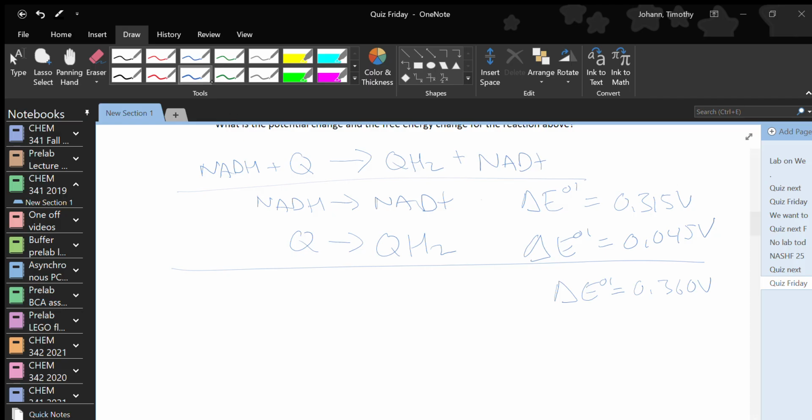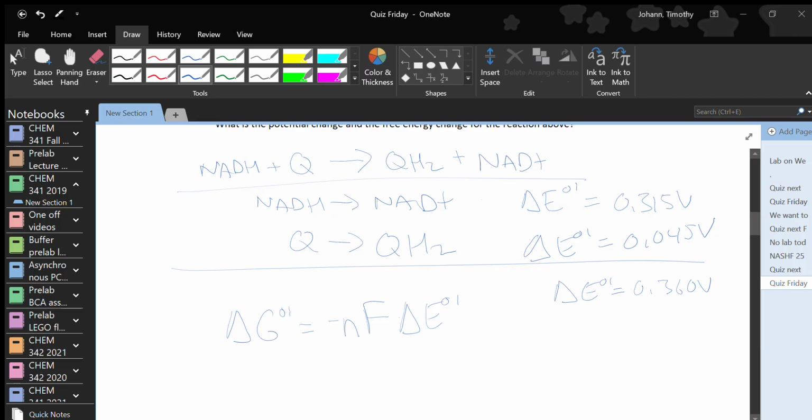So then if we want to get the free energy out of that, the free energy change is going to be equal to negative n, how many electrons were transferred, times Faraday's constant, times the change in potential. How many electrons were transferred? 2.